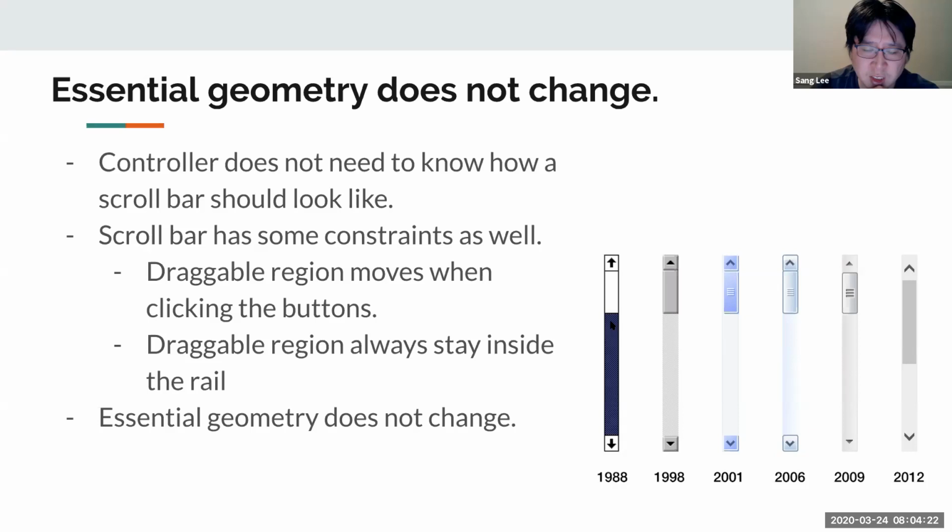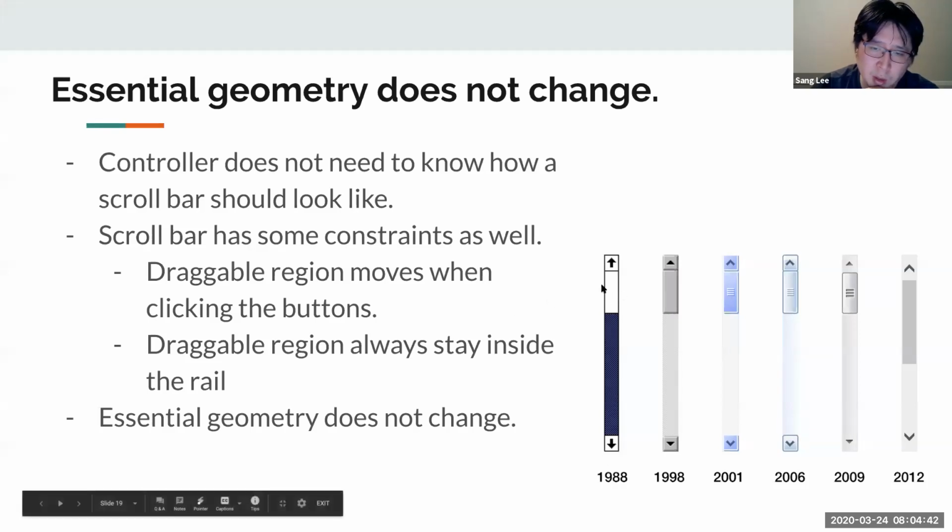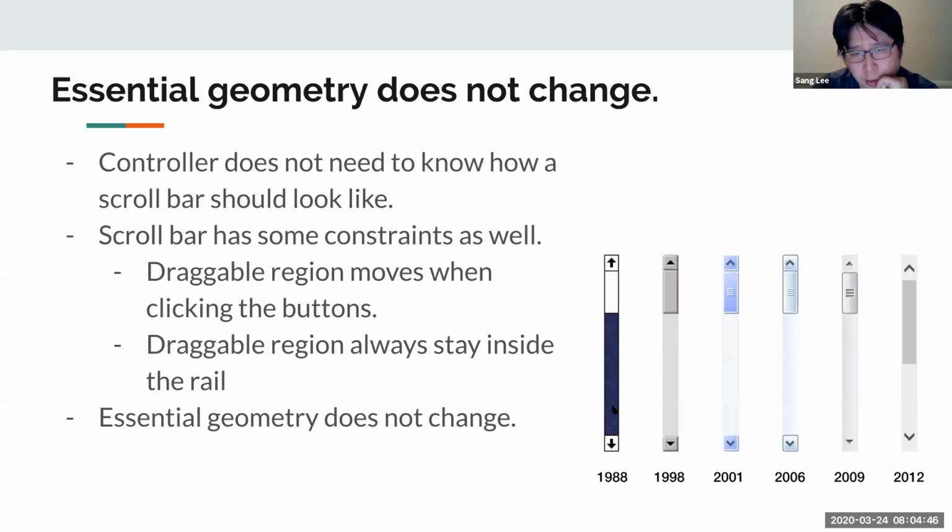The controller does not need to know anything about the UI representation. But there are also certain constraints, for example, this is draggable only horizontally, but not vertically. It cannot go outside this area. And the button is not draggable, those little details.